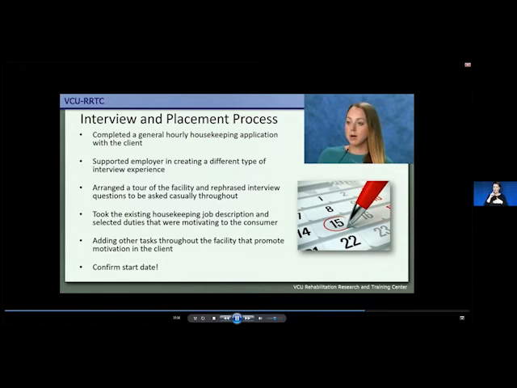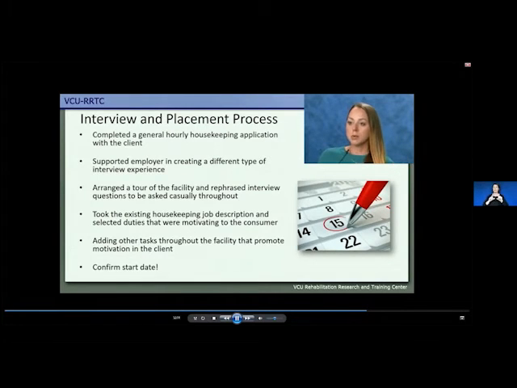So we talked about how my client may have a little bit of a barrier as far as just having a typical verbal panel interview that may cause a little bit of anxiety as far as sitting in a room and having a lot of questions given to him at once.